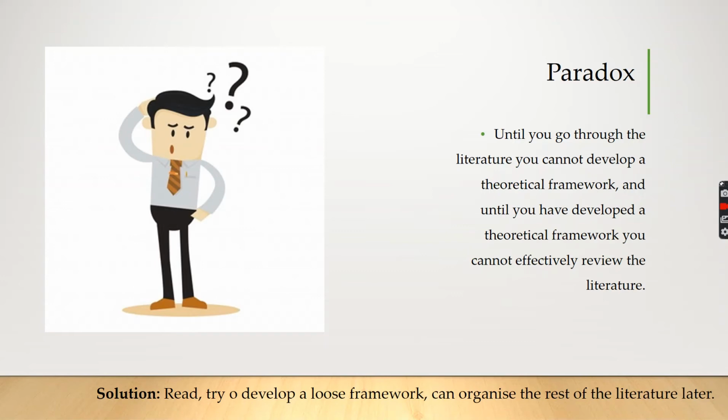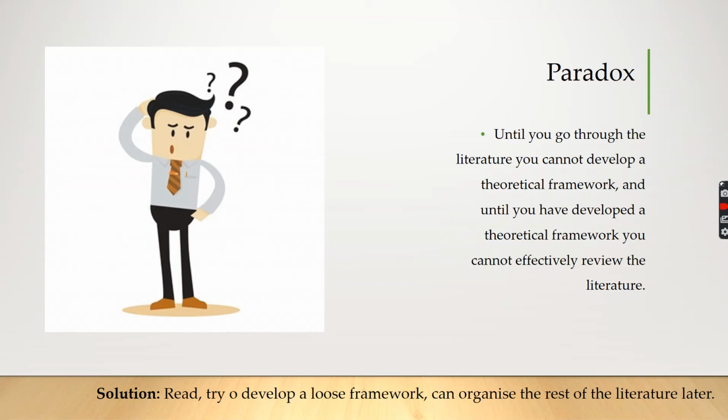Why is there a paradox between the theoretical framework and your literature review? Basically it's because until you go through the literature, you cannot develop a theoretical framework, and until you have developed a theoretical framework, you cannot effectively review the literature. This process happens simultaneously.